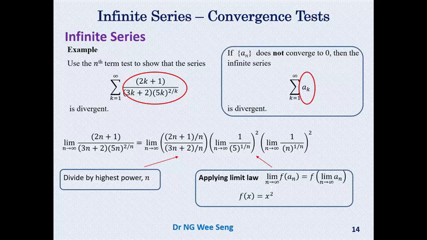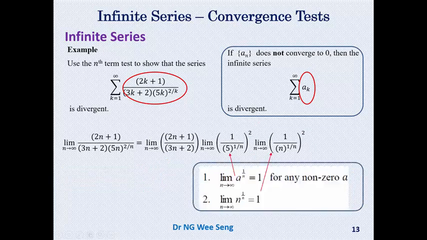And now we apply another limit law, which says that limit of a function of a_n is the function of the limit. And the function we apply is obviously x squared, because now we have a power 2. So if you look at the preceding slide, we have limit of a_n squared. And now we are going to make it limit a_n to the power of 2.